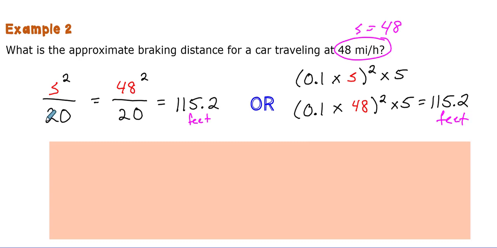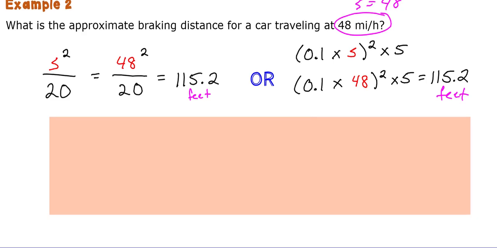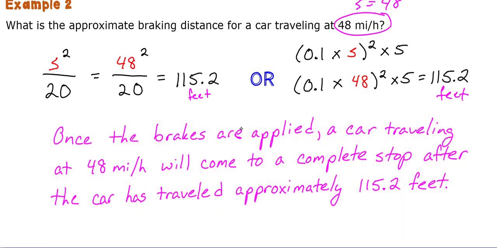You don't have to use it twice. You pick one of the formulas to use. So what this is telling us is that once the brakes are applied, a car traveling at 48 miles per hour will come to a complete stop after the car has traveled approximately 115.2 feet.